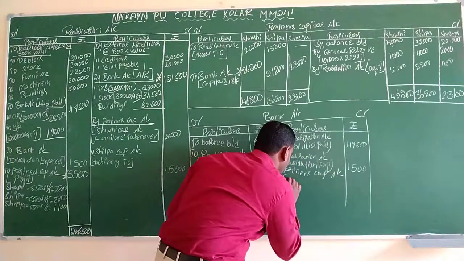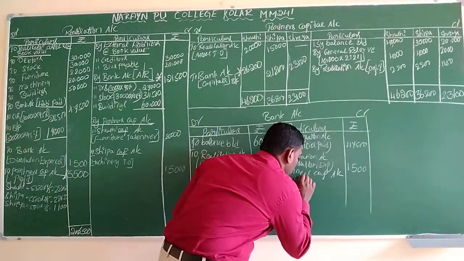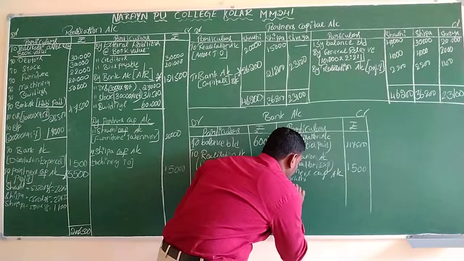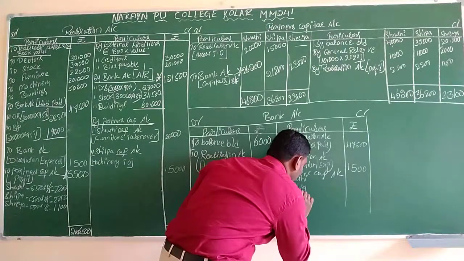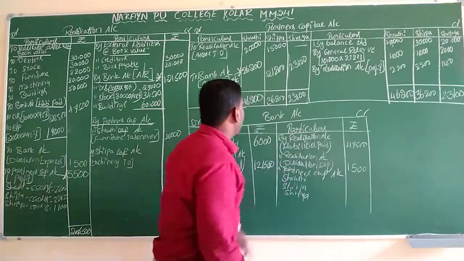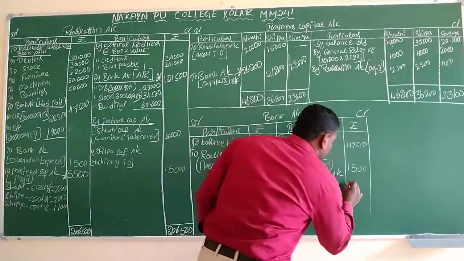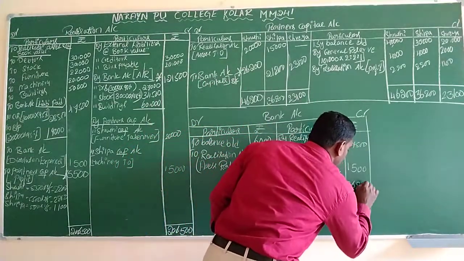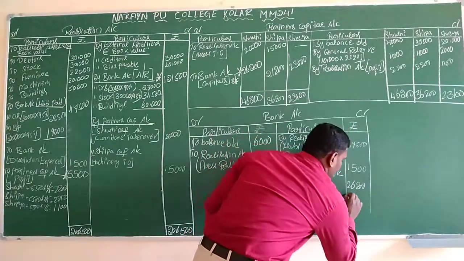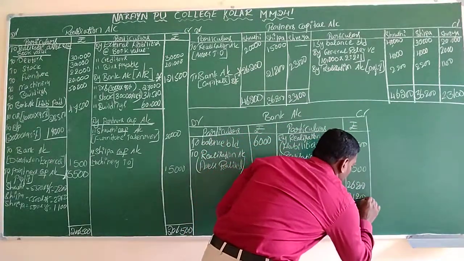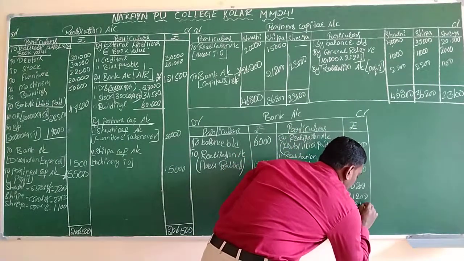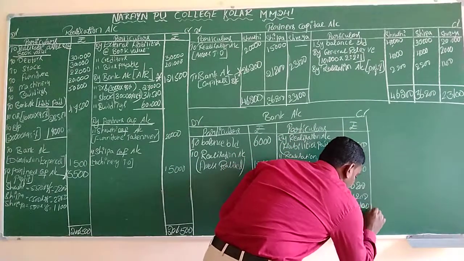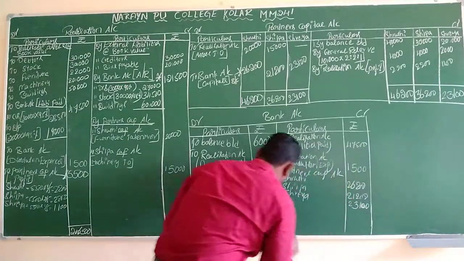So by partners' capital account, here there are 3 partners: Shruti, Shilpa, Shreya. The difference we have already found. First partner will get 26,200. Second partner will get 21,200. And the third partner will get 23,100.